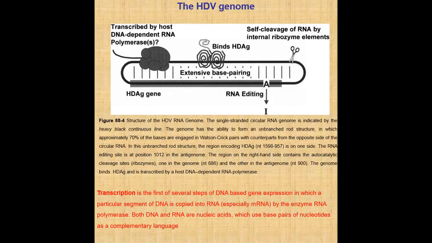Both DNA and RNA are nucleic acids, which cause the pairing of nucleotides, means nucleotide formation whenever that occurs. In this case, DNA and RNA, as nucleic acids, play an important role as a complementary language, because of which no other synthesis is carried out.